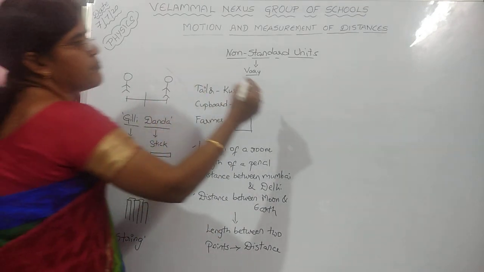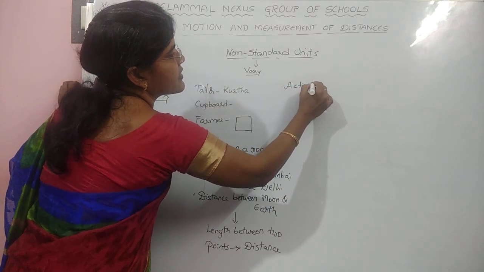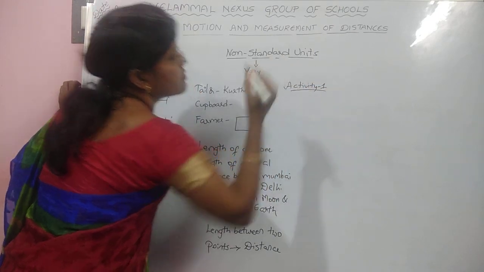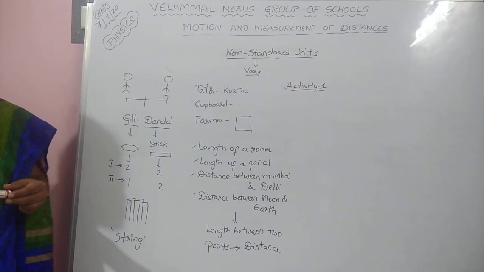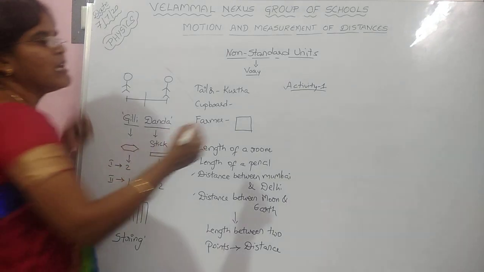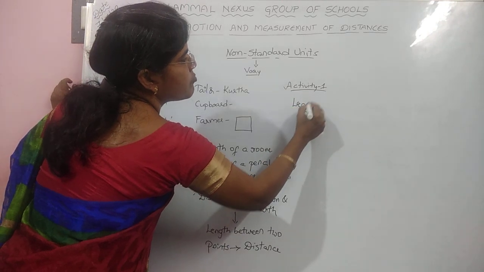Now, for example, you take activity 1 in your textbook and work it out. How to measure the length of a room and breadth of a room.